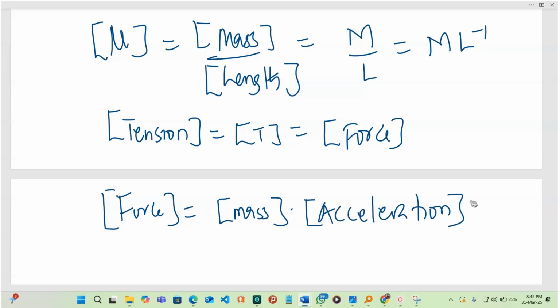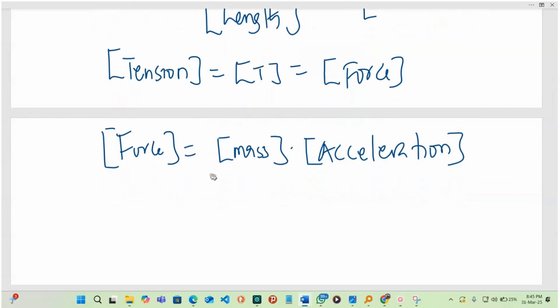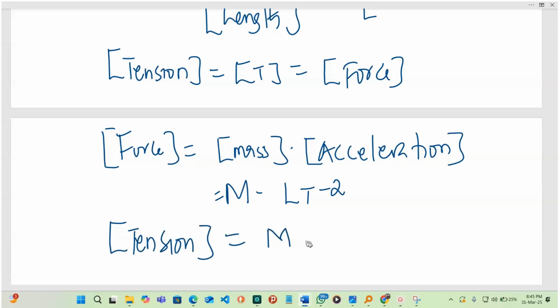So I'll have capital M times acceleration, which is L T to the power negative 2, because this is the same as velocity L T to the power negative 1 divided by T, which becomes L T to the power negative 2. Therefore, the dimensions of tension must equal capital M times L times T to the power negative 2.